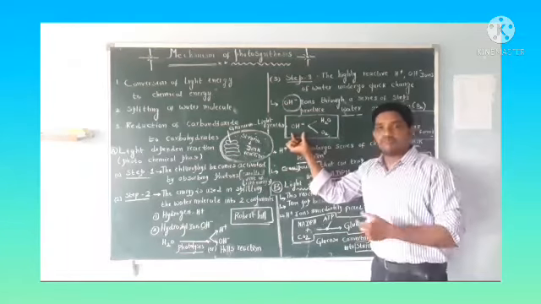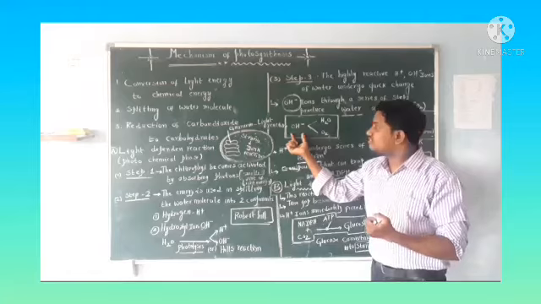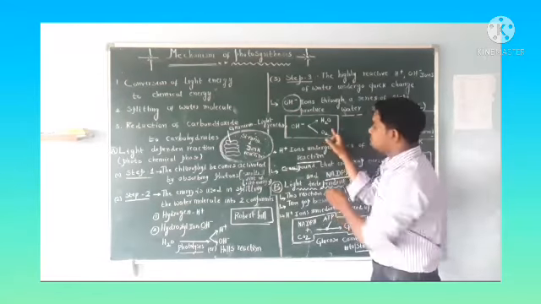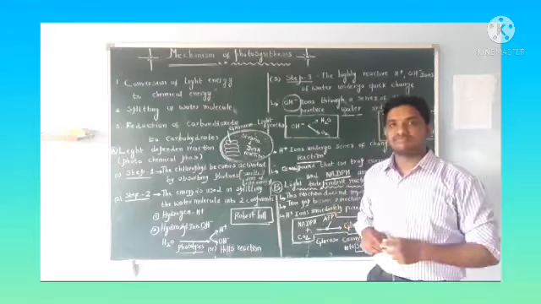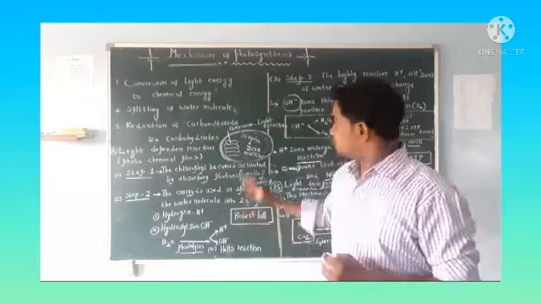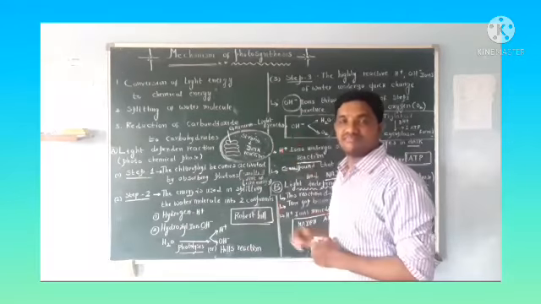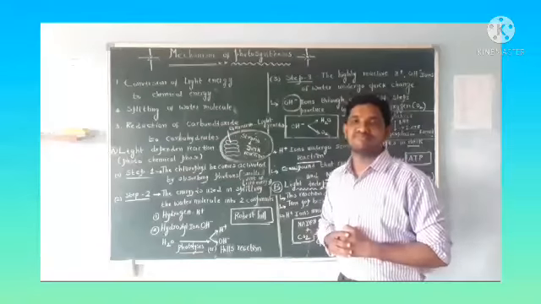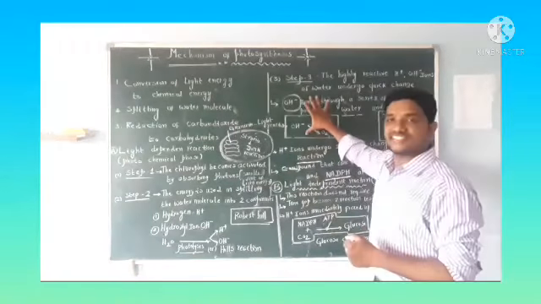With the help of OH- ions, it can produce water, that is H2O, and oxygen. Finally, from OH- ions, water is produced and oxygen is formed. This is step number 3.